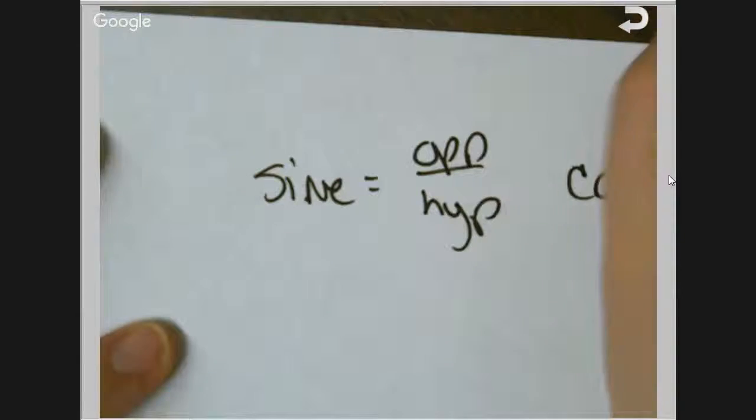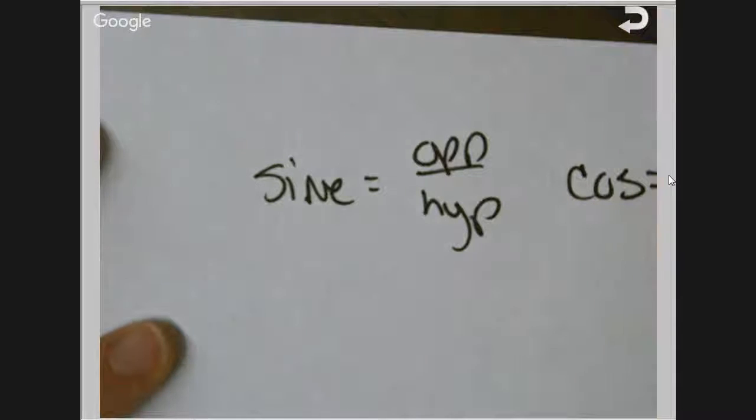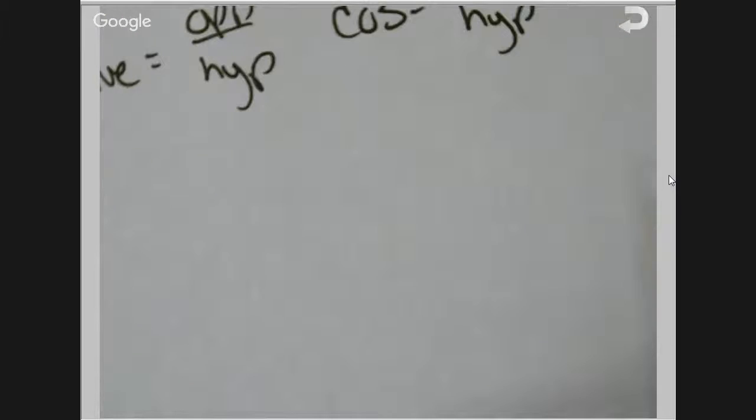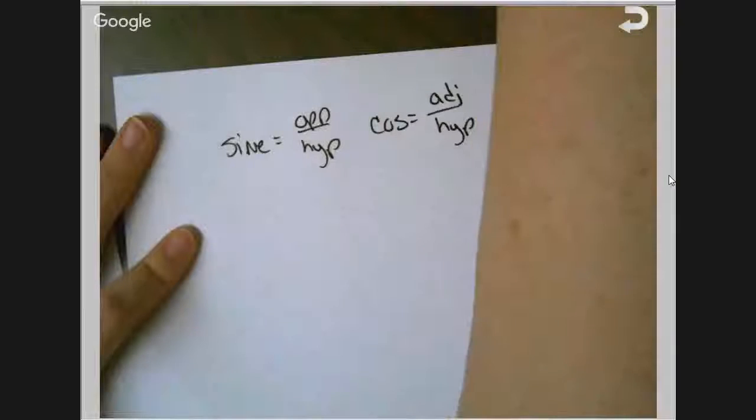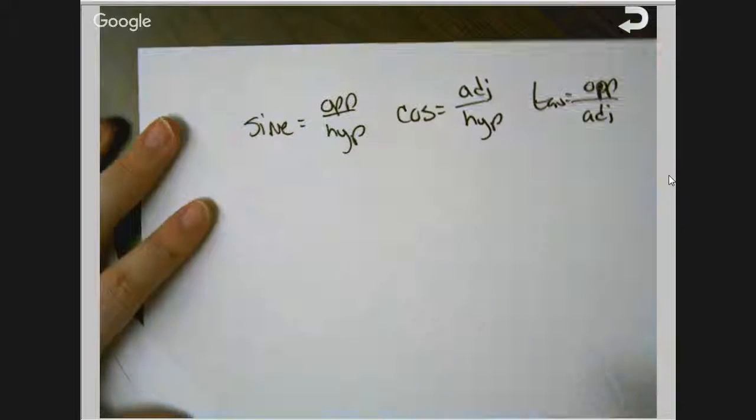First of all, remember sine equals opposite over hypotenuse. Cosine is adjacent over hypotenuse. And tangent is opposite over adjacent. Oh, I'm zoomed in, sorry. I probably should have written it this way.